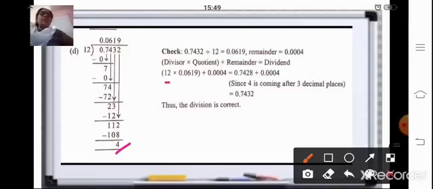Your divisor is 12 multiplied by 0.0619 and your remainder is 0.0004. Now I have already told you why we have added these 3 zeros, because your remainder comes after the 3 decimal places. You can see here since 4 is coming after 3 decimal places, we have added the zeros in the remainder. So when you solve this, you get the dividend as your answer. That means your division is correct.